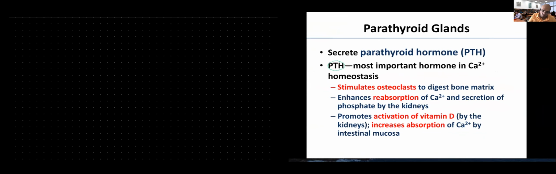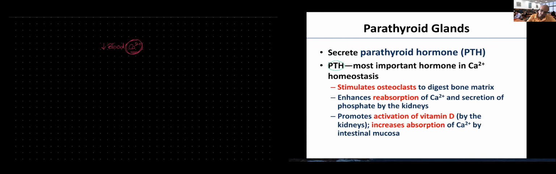So if I have low blood calcium levels, calcium is highly important for normal electrical conduction in the nervous system, for you to be able to contract your muscles, including your skeletal and cardiac muscles. So it's very important to maintain a normal blood calcium level.